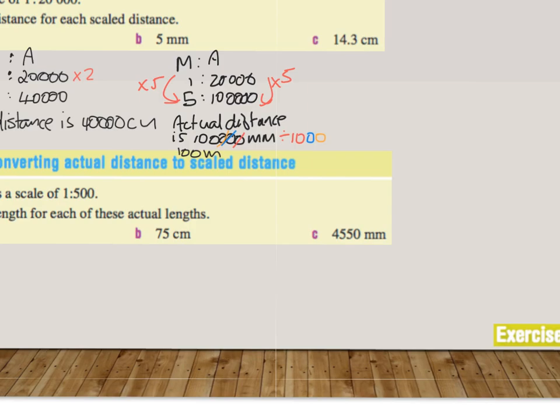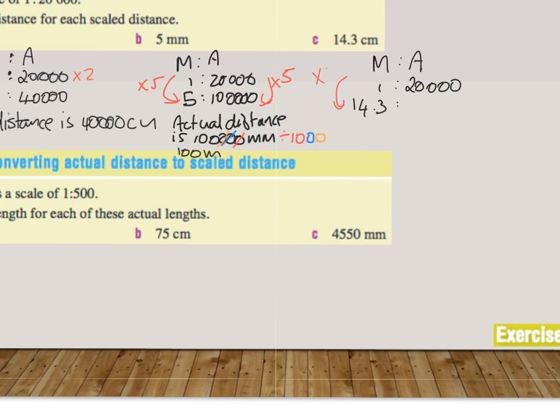So the last example, if we start by saying the map distance to the actual distance is 1 to 20,000, we can still go by saying that this is now 14.3 to what will that be? How do I get from 1 to 14.3?